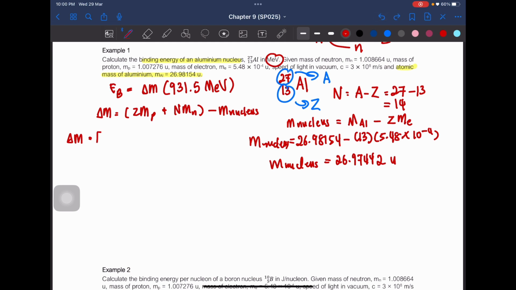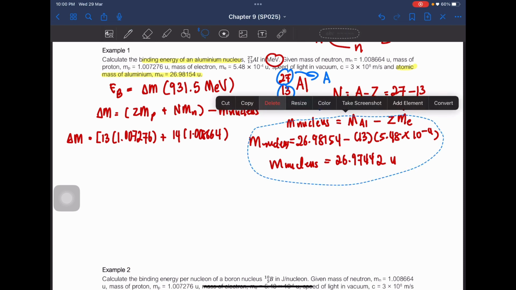calculate lah. Okay, so this is 13. This is mass of proton, which is 1.007276 plus N, which is 14. This is mass of neutron, 1.008664 minus with, I'm just gonna make this a little bit smaller.